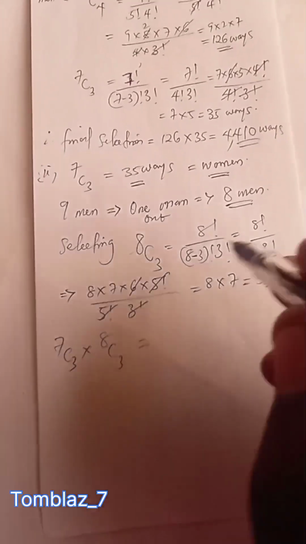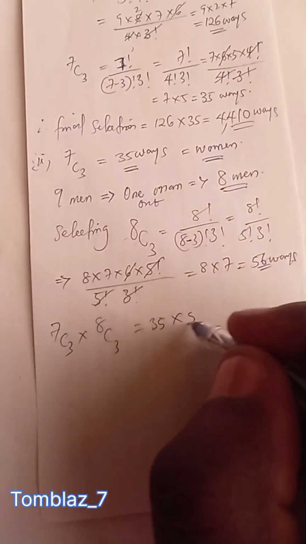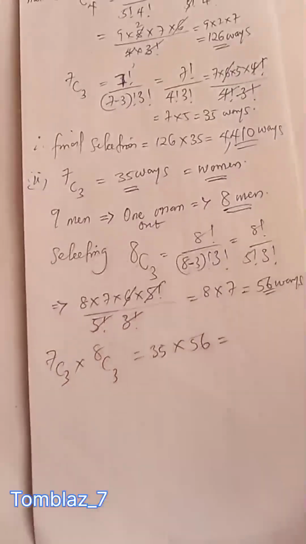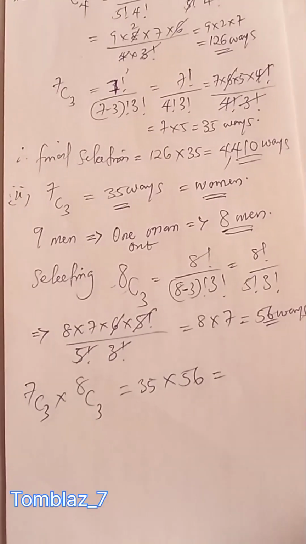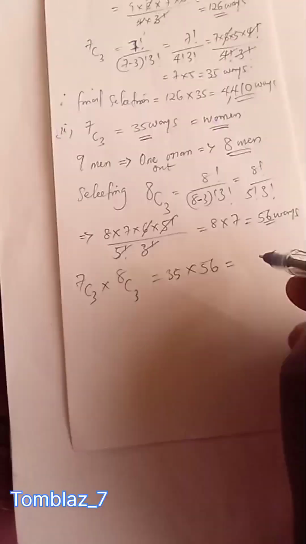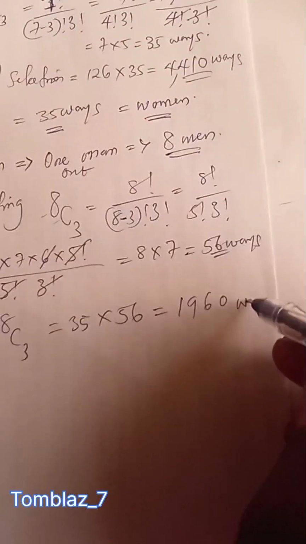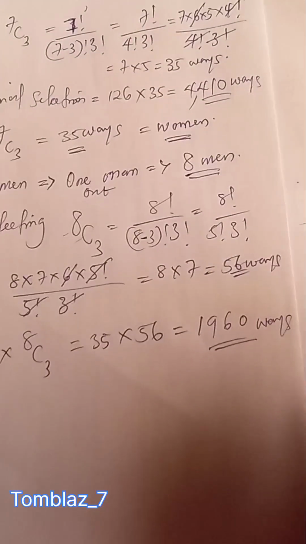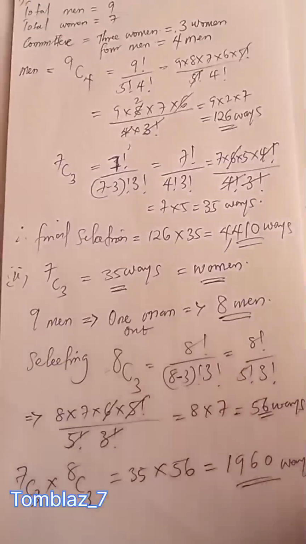So it's going to be what? 35 times 56. So let's see, 35 times 56. It's going to give you 1960. So we have 1960 ways.